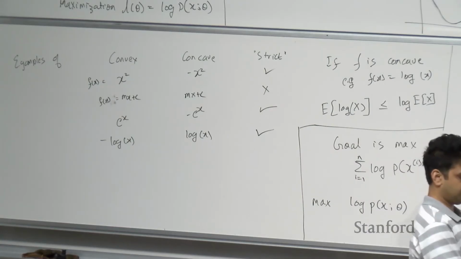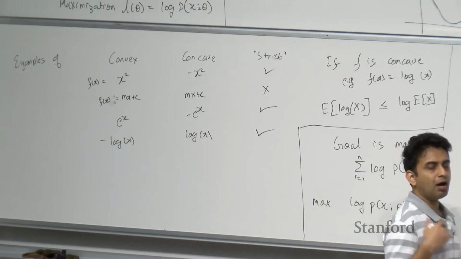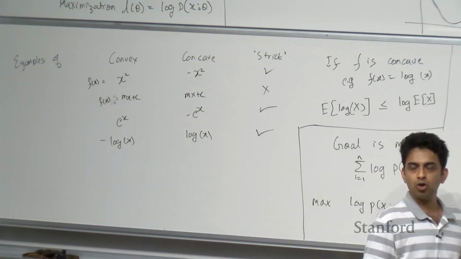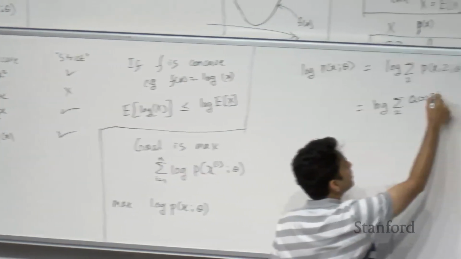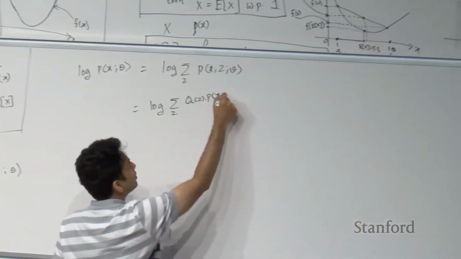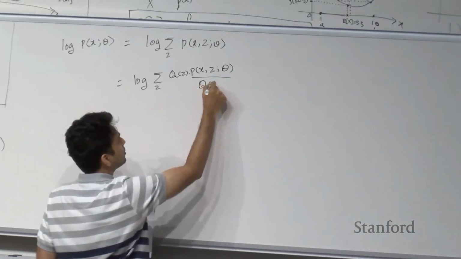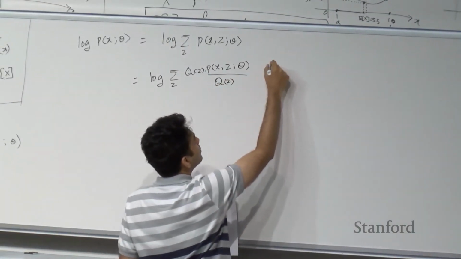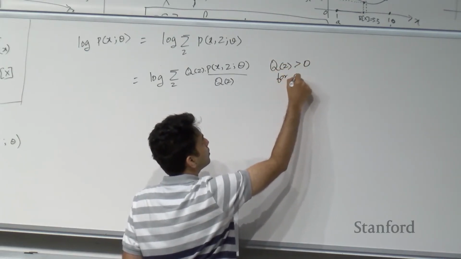And then once we do that, we will define some arbitrary probability distribution called q over z's, and write this as log of the sum over z of q of z times p of x comma z, theta divided by q of z, where q of z is greater than 0 for all z.